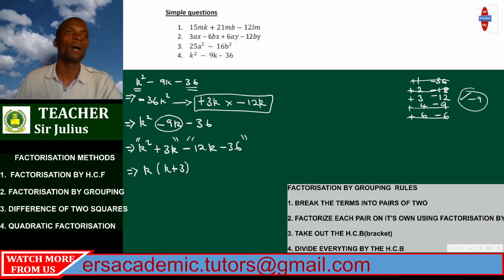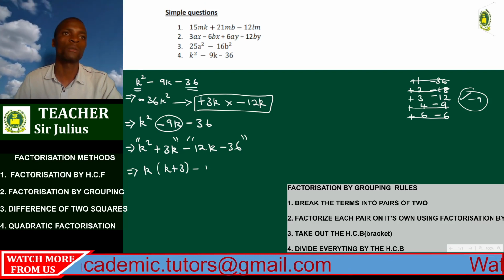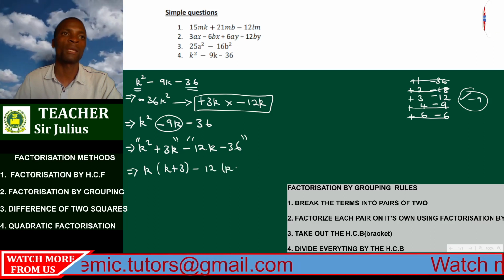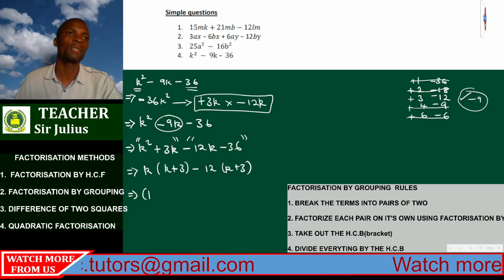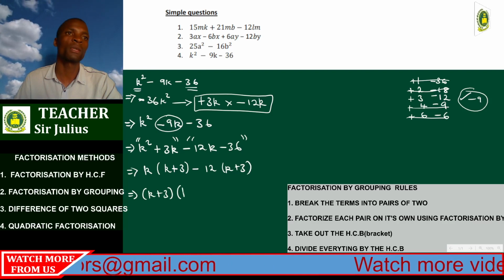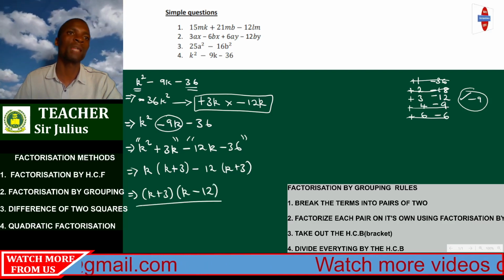Here we take out negative 12 as common, and then we are left with k plus 3. Now what is the highest common bracket? It is k plus 3, and what are we left with? k minus 12.